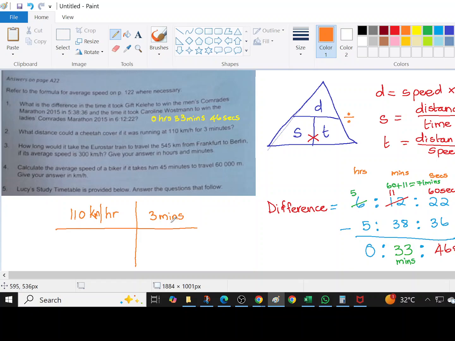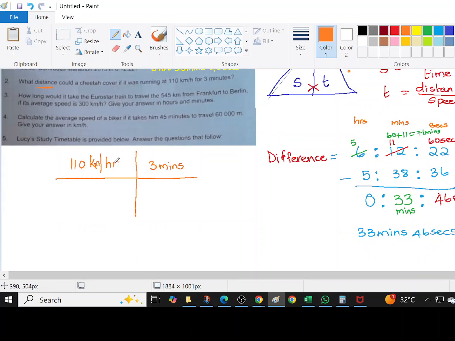Right? Now they're asking what distance would it cover? So you use this conversion method, this one here. If they're doing 110 kilometers per hour in 3 minutes, how many kilometers will it be in 3 minutes? Right? You understand? Yes, miss.